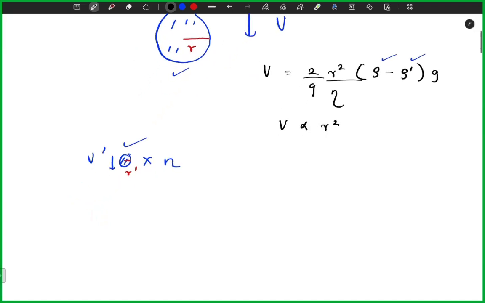So now if you look at this second situation, where you have these numerous oil droplets, I can mark the terminal velocity of a small oil droplet v dash as being proportional to what? R dash squared. So now I have v is proportional to r squared and v dash is proportional to r dash squared.